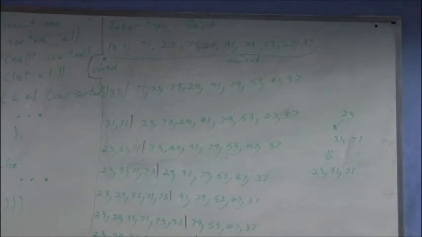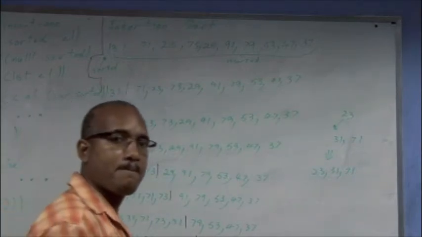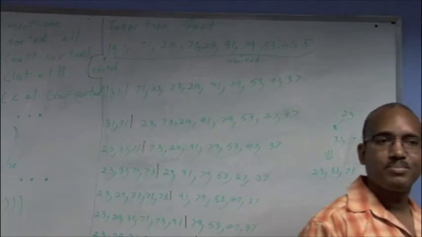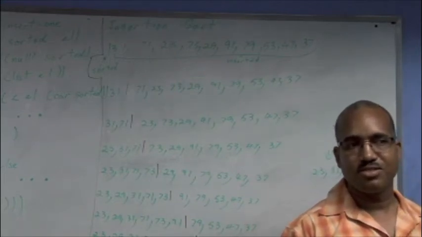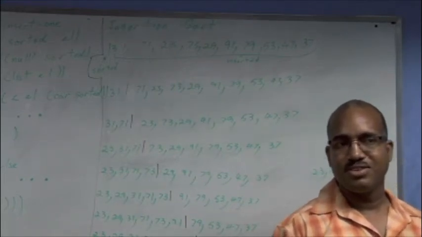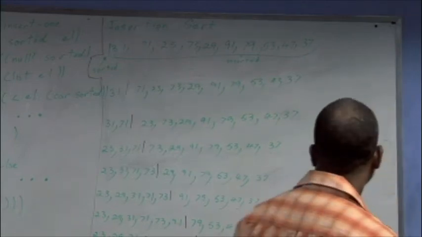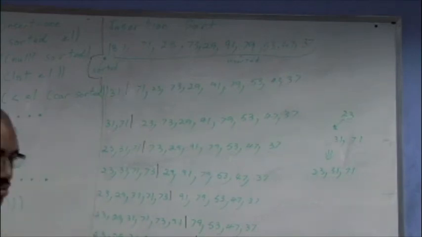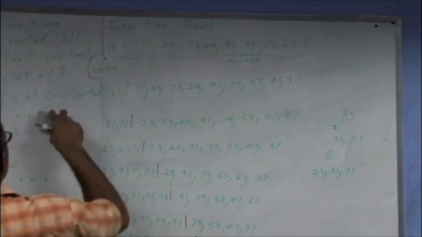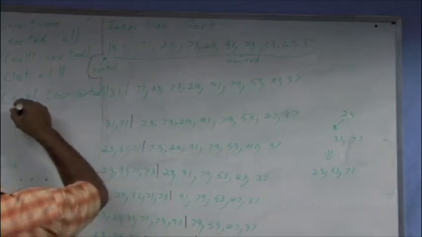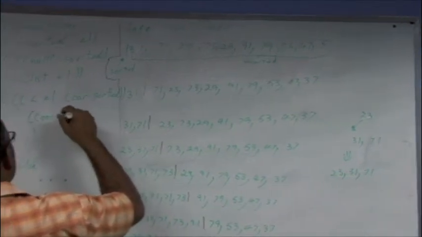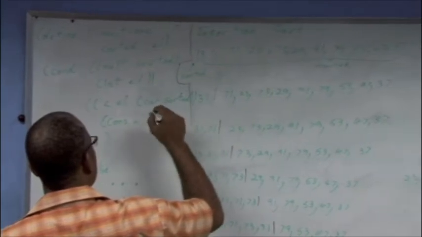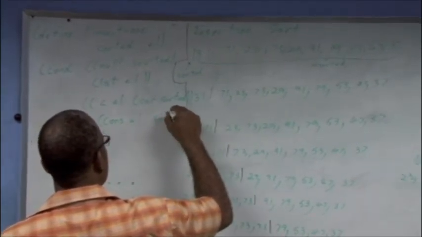How do you join two things in Scheme? Cons. So familiar? Yeah. So here we're going to cons. Give it two arguments and it returns a list constructed from the two arguments.